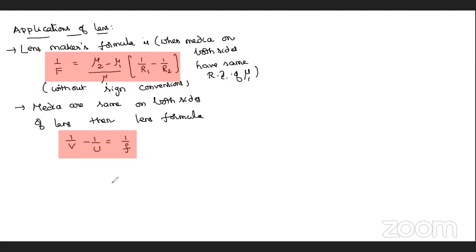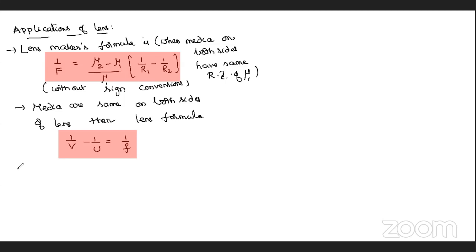You are preparing not for MSET, you are preparing for mains and advanced. There, surely they give different media. If you use this formula to find the image distance, you will get a wrong answer. So don't feel bored here.